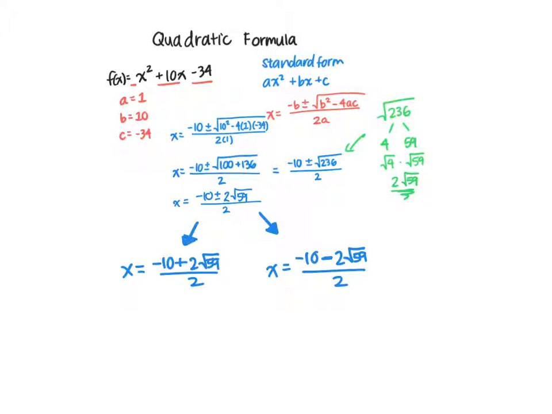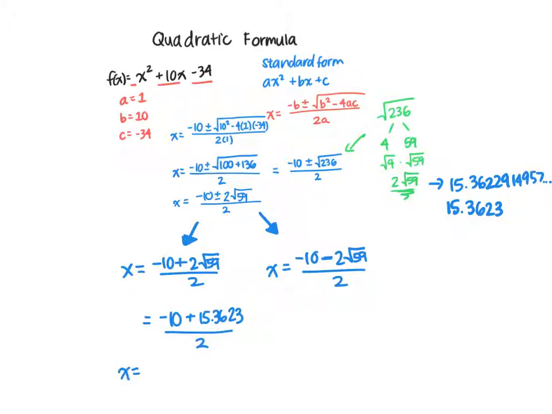All right, and if you plug that into the calculator, you will get 2 root 59 is equal to 15.3622914957, etc. Okay, I ask that if you guys are converting it to a decimal that you don't round until the very end, or at least keep it to 4 decimals. So this would be negative 10 plus 15.3623 divided by 2.